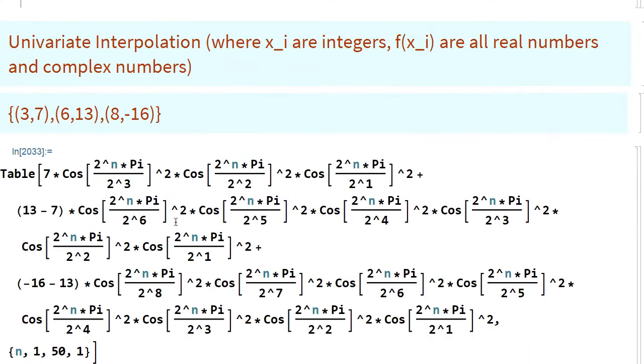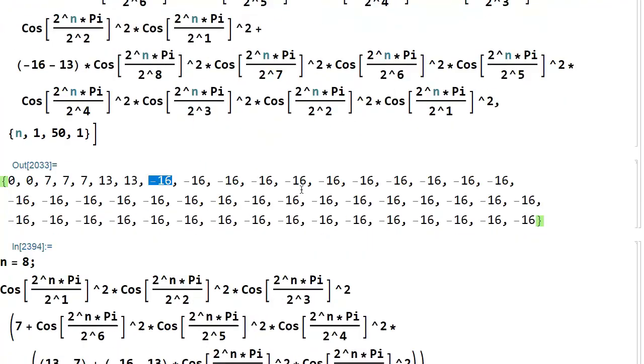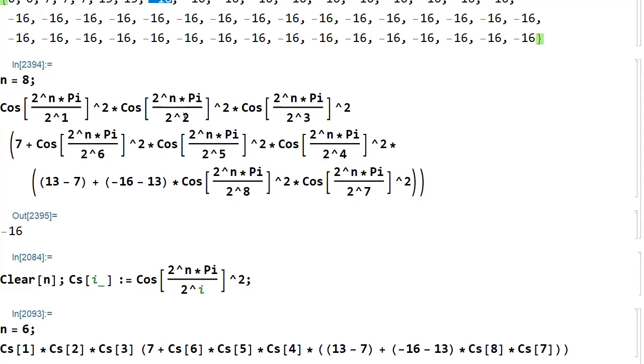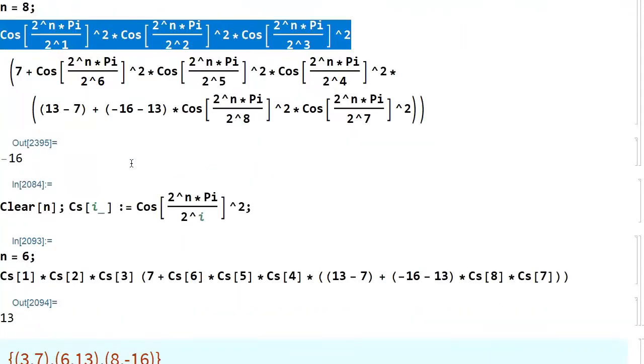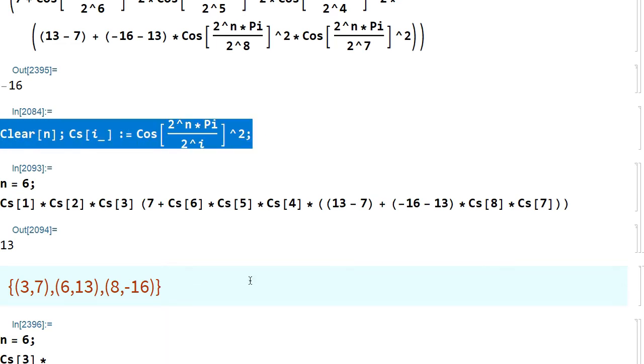What we want to do is factor out the cosines like we did before. So this is how it's going to end up when we factor out the cosine. These are the ones we factored out, that we could factor out at least. And this is what remains. So if we were to write this compactly by defining CS again to be this, it would be this.